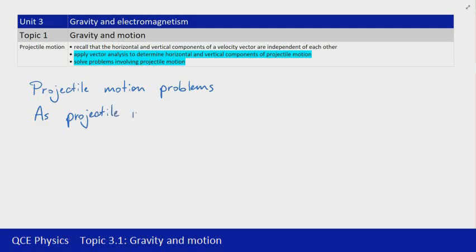through a solution. It basically comes back to the fact that because we've got vectors, and in particular the vertical direction, so the velocity and the displacements, it's important to define or assign the positive direction in the vertical plane.